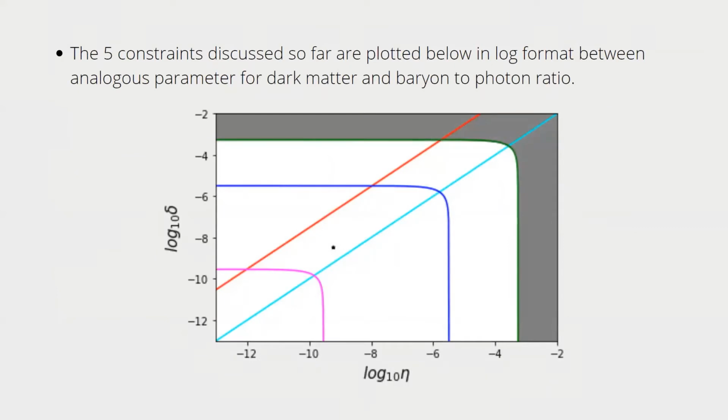So yeah, the shaded region denotes the first constraint relation, which was matter dominated before Big Bang nucleosynthesis.